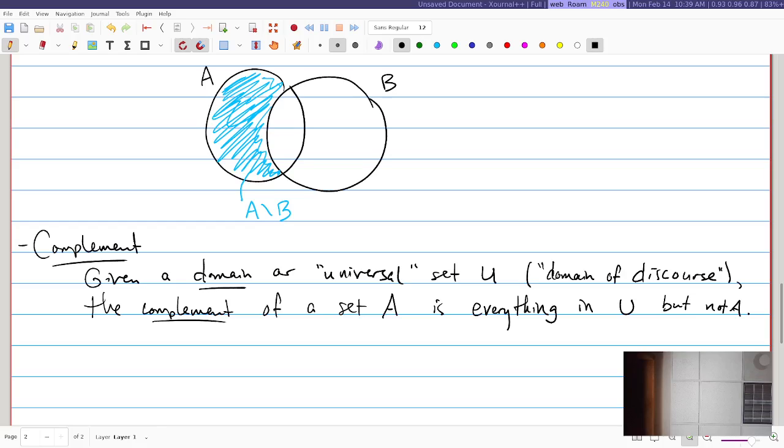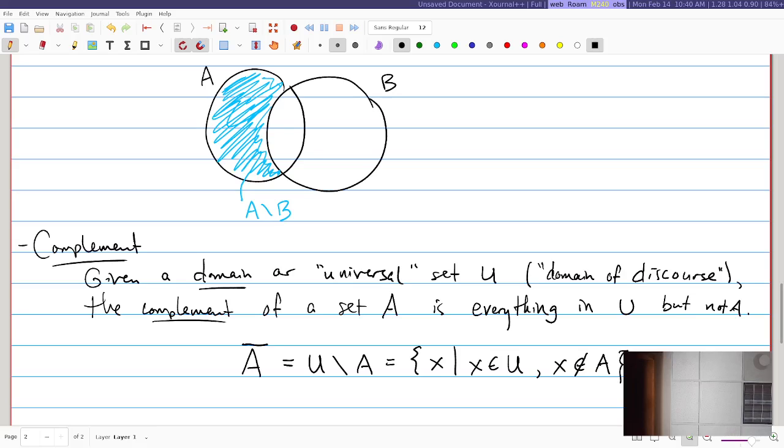So really the complement of A is the difference of U, the universe, minus A. I write it like this: A with a bar over it, which is really U difference A, which is all the x such that x is in U, but x is not in A.